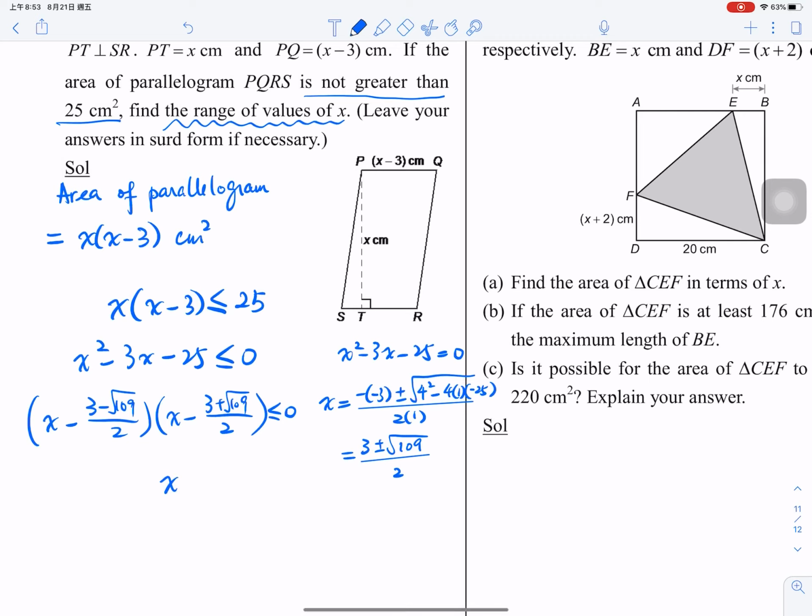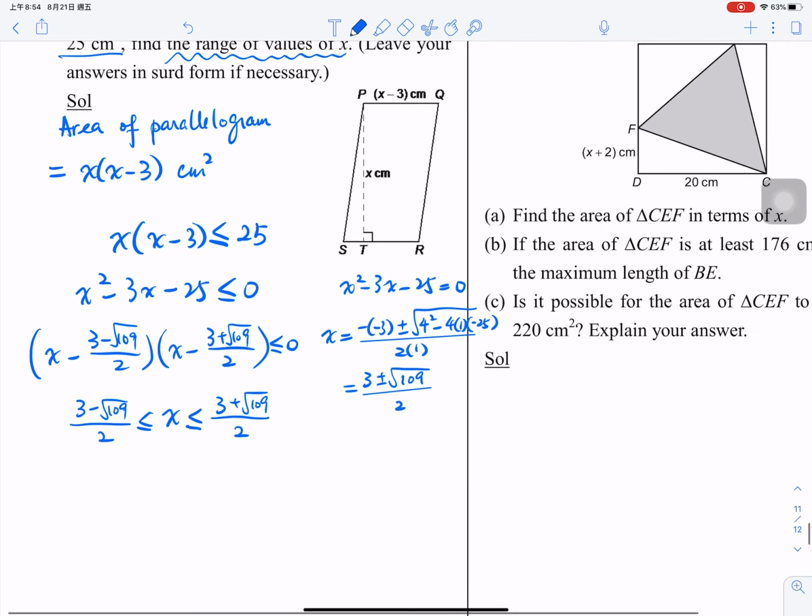With a positive coefficient of x squared and smaller than 0, in this situation the answer is in between the two values. So x is in between 3 minus square root of 109 over 2 and 3 plus square root of 109 over 2.